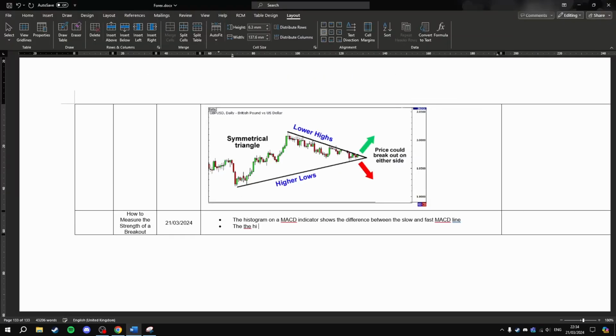When the histogram gets bigger, it means the momentum is getting stronger. When the histogram gets smaller, it means the momentum is getting weaker.